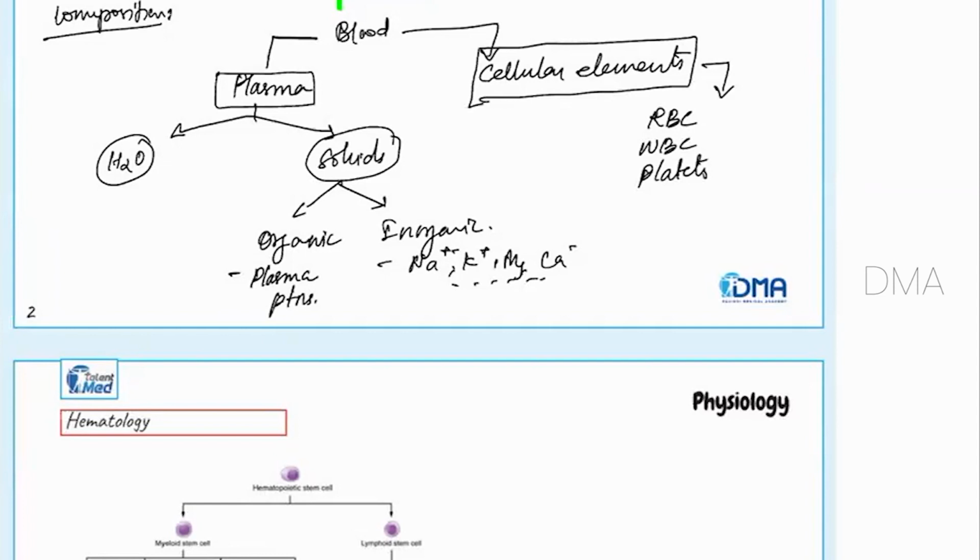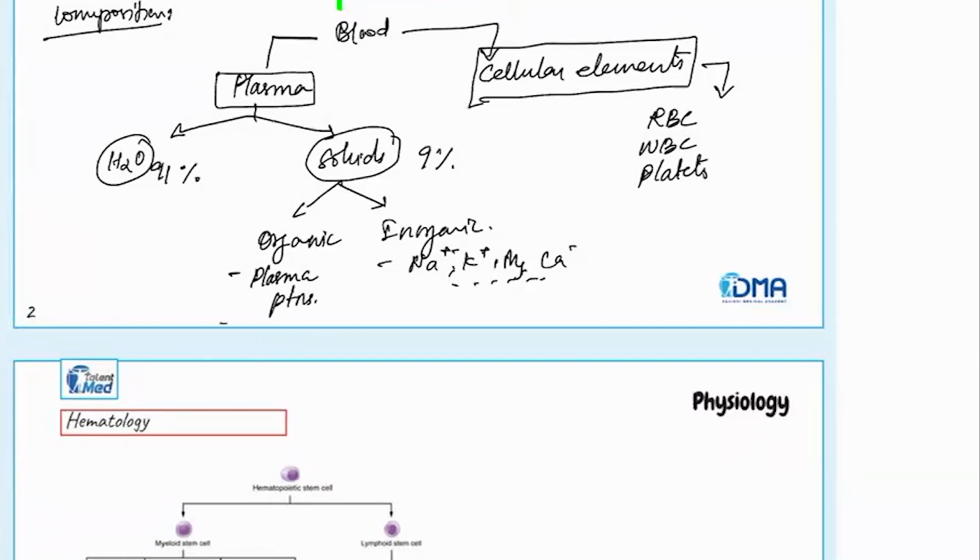So plasma includes water. It constitutes nearly 91% of water, only 9% of solid substances. Among that 9%, the organic contents include the plasma proteins and all other chemicals like glucose, amino acids, and the enzymes, hormones, secretions.